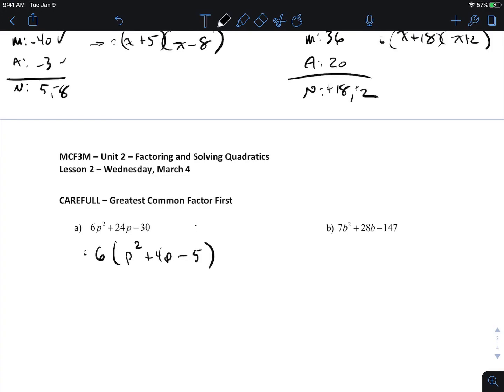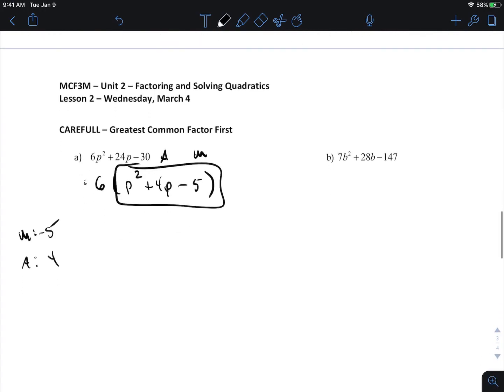Now you just man this piece right here. You're just going to find two numbers that multiply to negative 5 and add to 4.